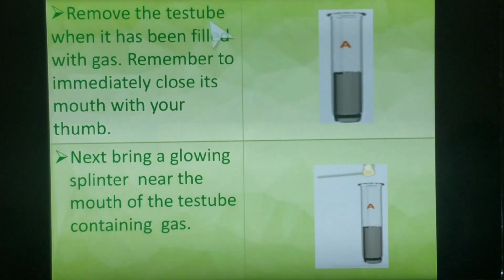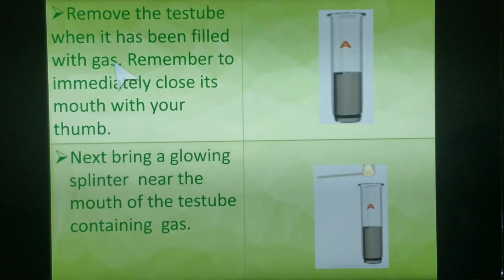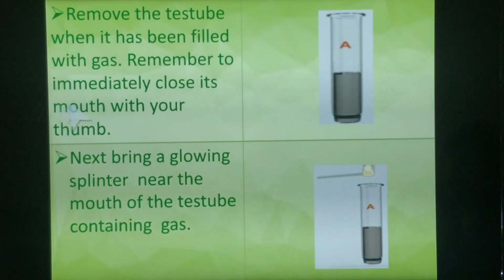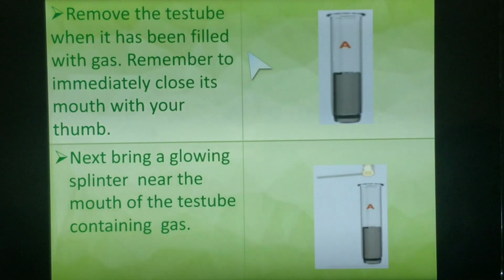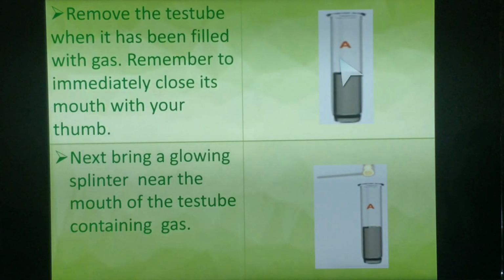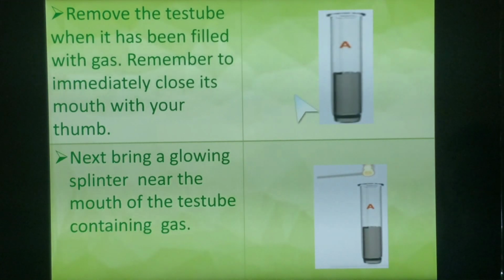Next, we have to remove the test tube when it has been filled with gas. Remember to immediately close its mouth with your thumb. Now, why do we close its mouth with the thumb? So that the gas which is collected in this space does not come out.